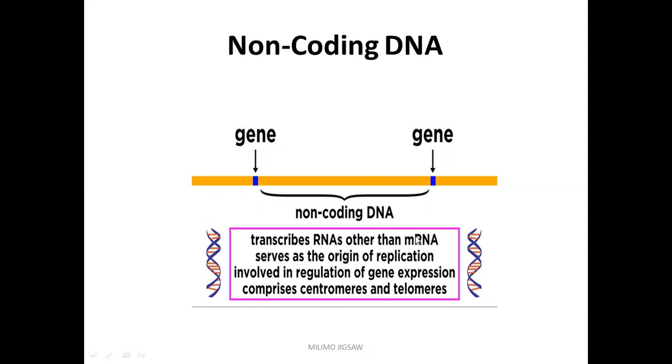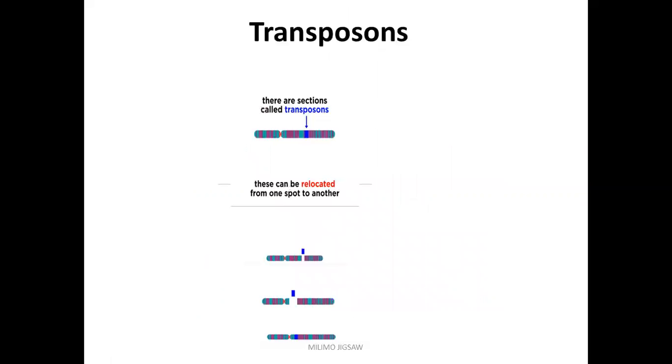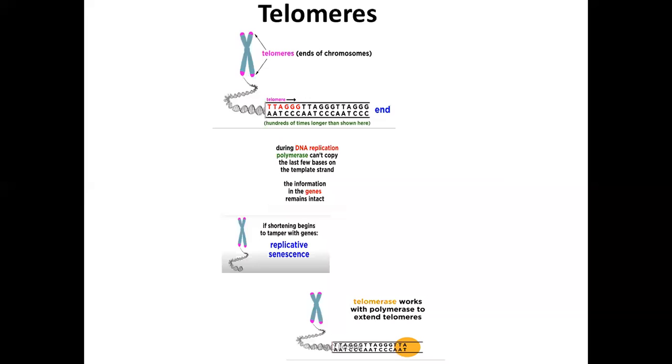So that's non-coding DNA. Now looking at the telomere, it is simply the end of a chromosome. Telomeres are made up of repetitive sequences of non-coding DNA.